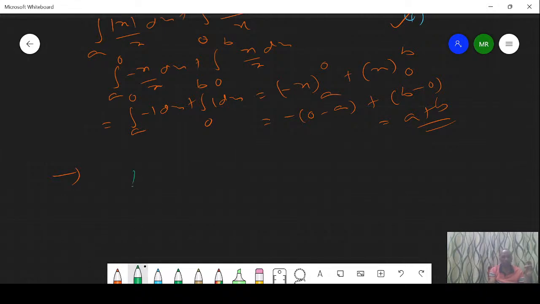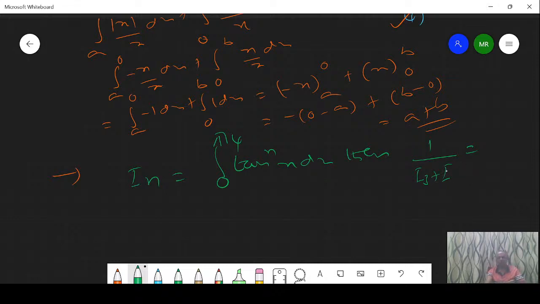See this one: if In is equal to the integral from 0 to pi by 4 of tan power n x dx, then they are asking for 1 by I3 plus I5. What is 1 by I3 plus I5?